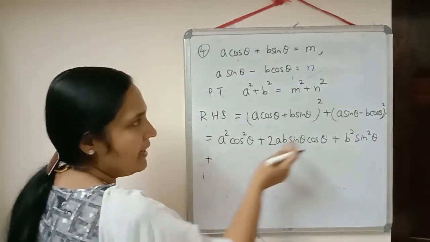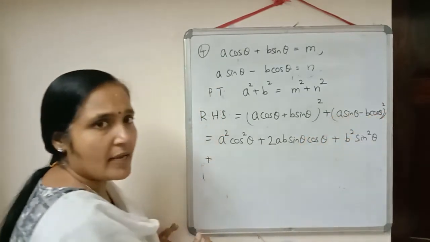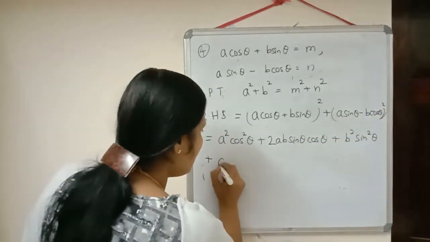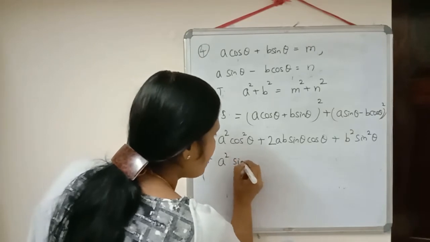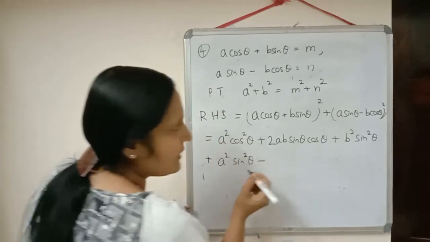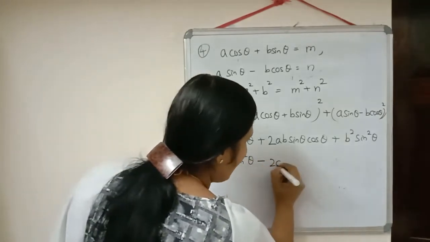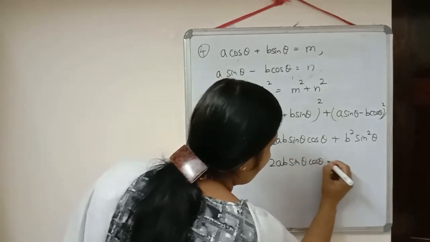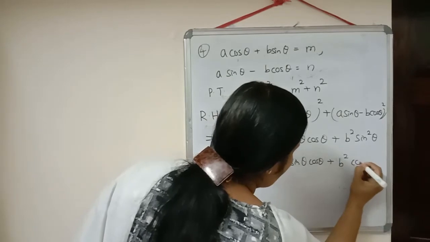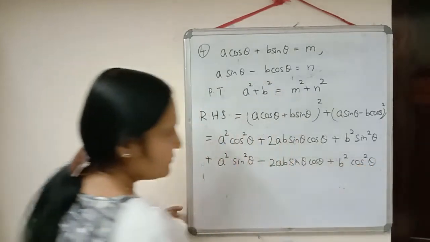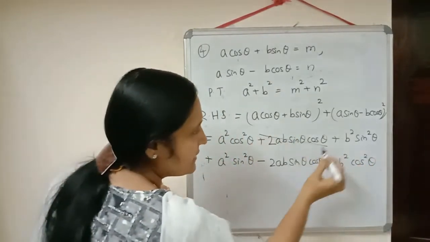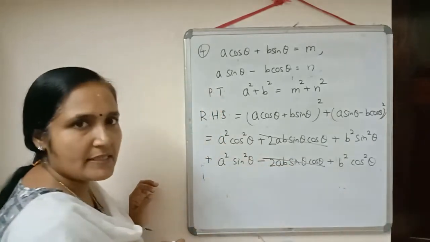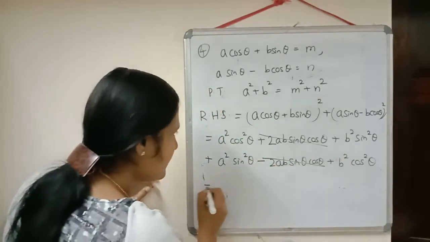In the same way, we'll use the identity a minus b the whole square. Then it will be equal to a square sin square theta minus 2ab sin theta into cos theta plus b square cos square theta. So just to check, 2ab sin theta cos theta minus 2ab sin theta cos theta cancelled.